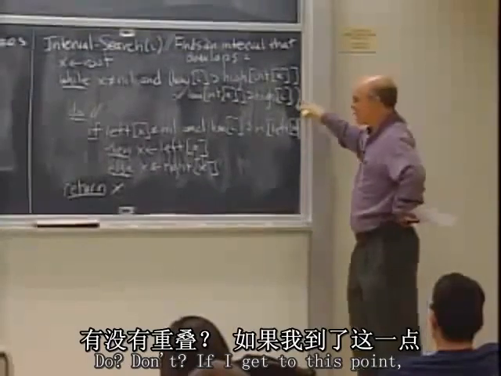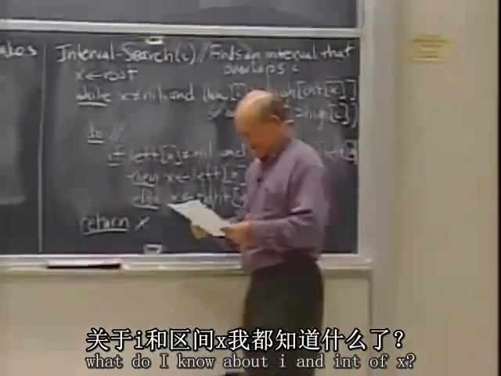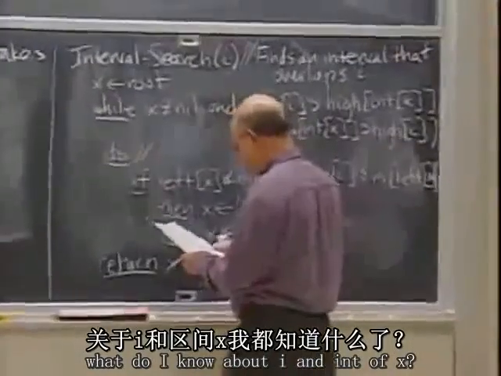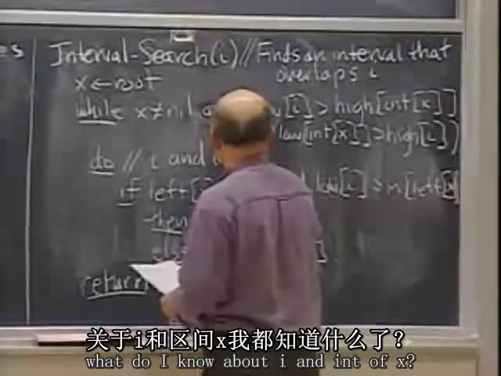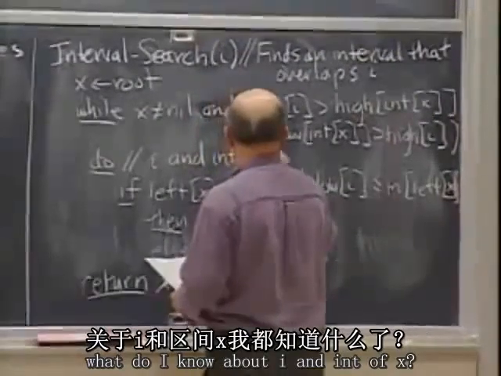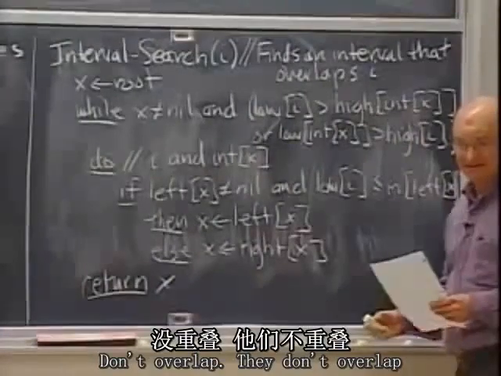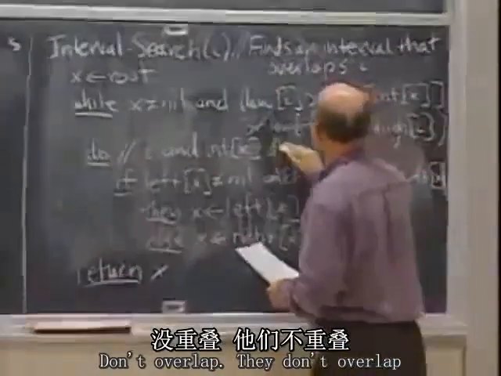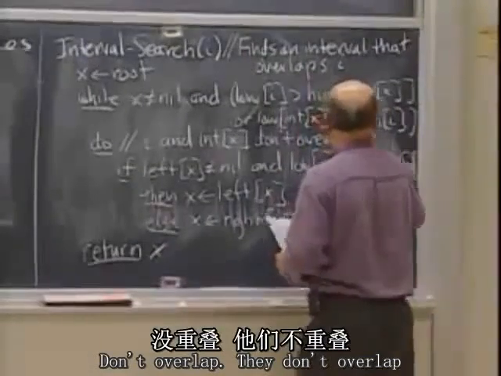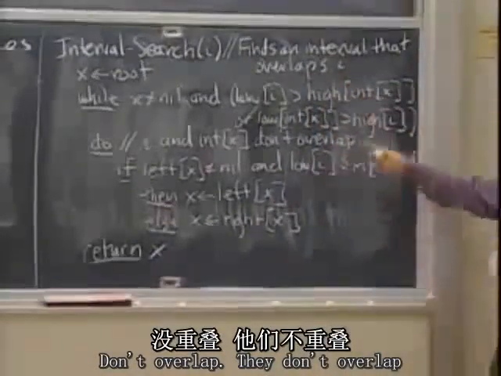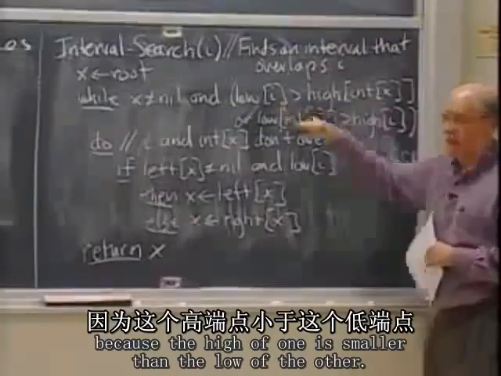So if I get to this point, what do I know about I and int of x? They don't overlap, because the high of one is smaller than the low of the other.